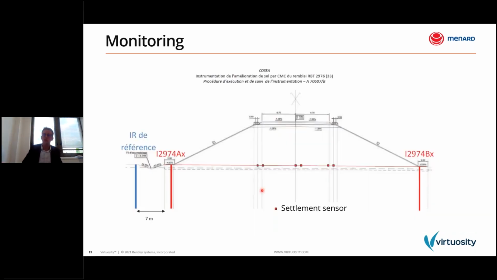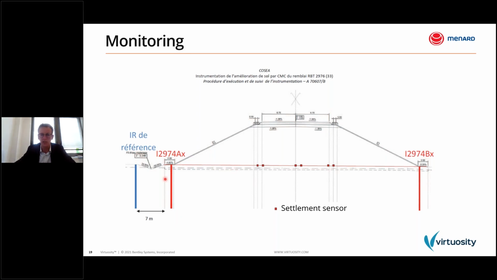What is very interesting with this project, and it's not very common, is that we have monitored the displacement of this embankment. So it was possible to make a comparison between prediction and measurements. The monitoring consisted of 2 inclinometers on each side of the embankment.